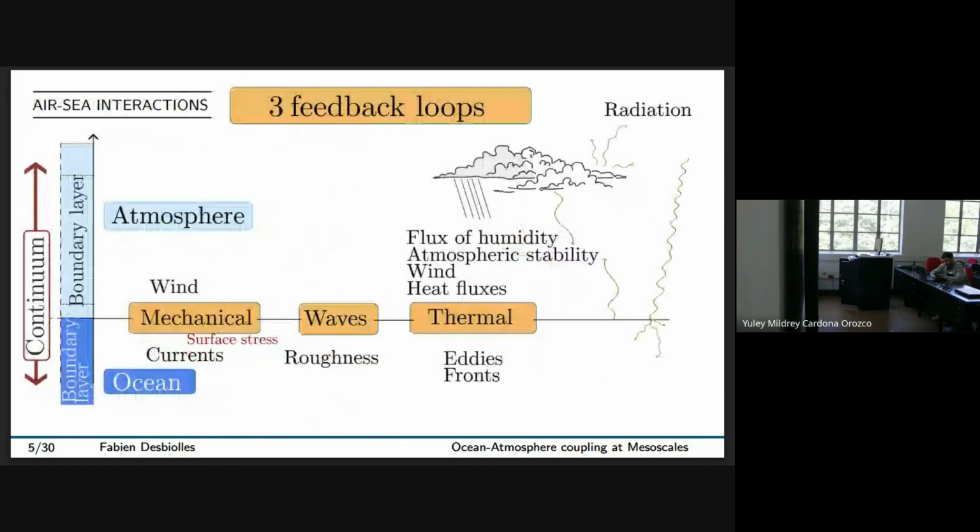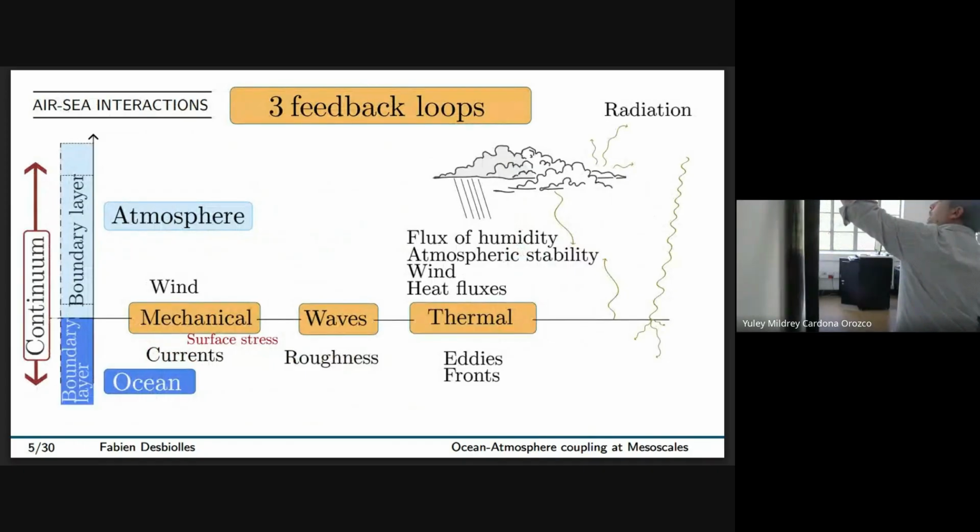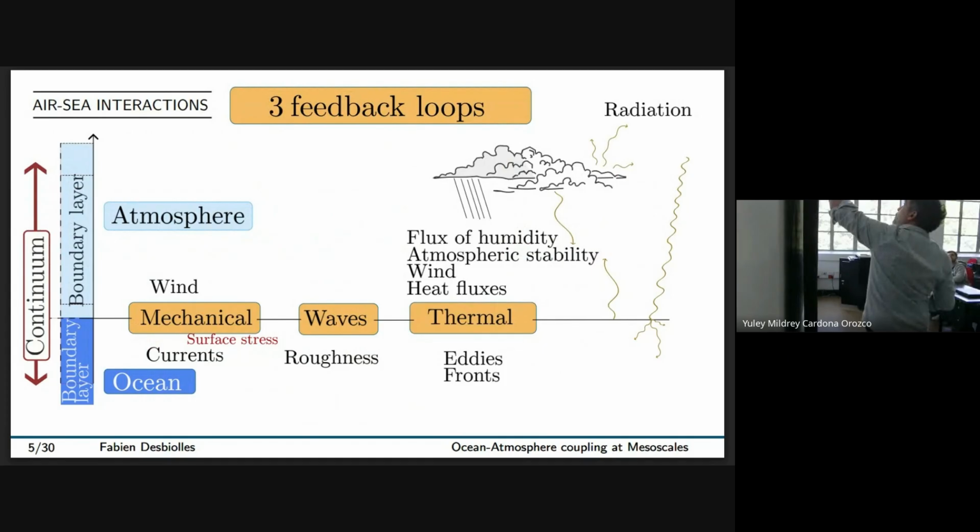So just a very simple sketch here to mention that there are three main feedback loops at the interface, okay? If we consider the boundary layer of the ocean and the boundary layer of the atmosphere as a continuum, we have three main feedback loops. First, a mechanical feedback loop, okay? So how the wind and the current are connected to set the stress, which is actually the main forcing for the ocean, right?